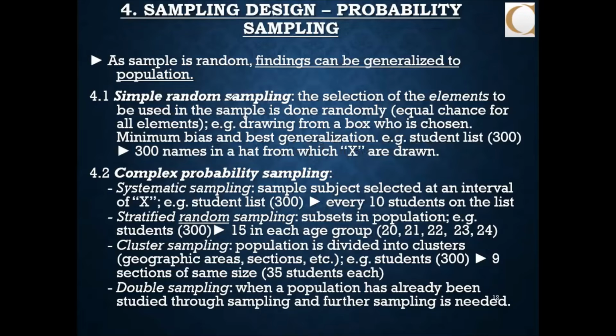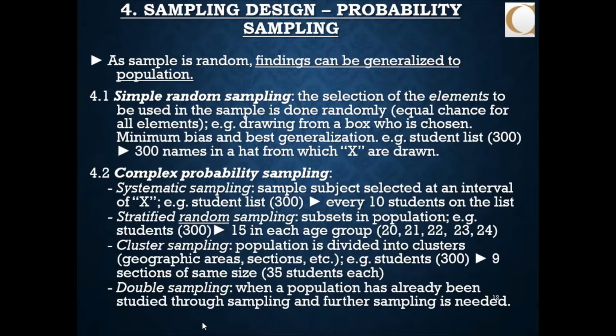So yeah, simple random sampling is when every element has an equal chance. And then complex probability sampling is when there are a lot of different complicated things to do.